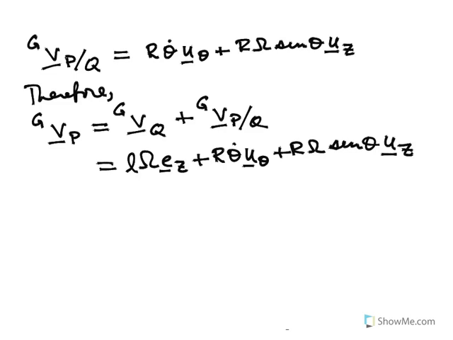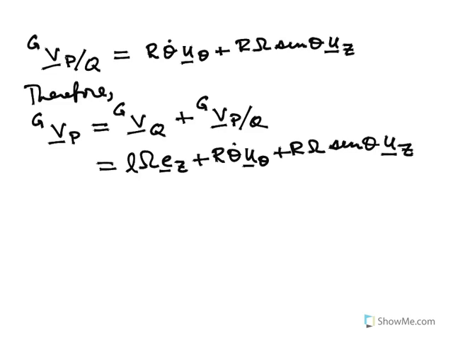Now, you'll notice that I have these two pieces expressed in two different bases. The first part is expressed in a basis fixed in reference frame S. The second part is expressed in a basis fixed in reference frame D.